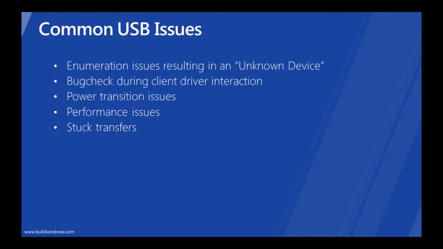These include issues where the device comes up as an unknown device, which is typically an enumeration issue, bug checks that happen during client-driver interaction, power transition issues which are often hard to diagnose, as well as performance issues or when a device is just hung.